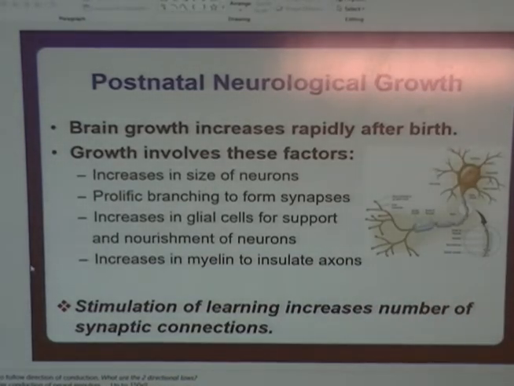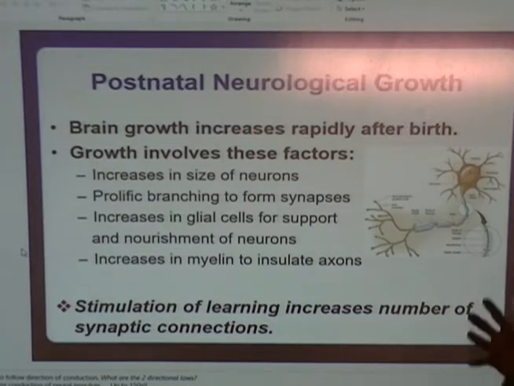So prenatally, we're laying down all these nerve cells, and particularly in the brain, right? You could see that the brain was quite large compared to the rest of the baby.